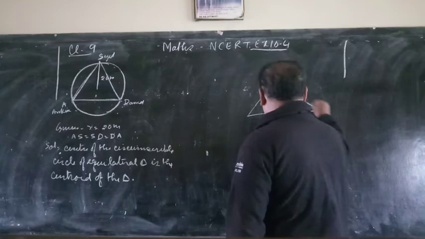Now, we have AO equal to 20 and OM is 1 part. So 2OM is equal to 20, which means OM is equal to 20/2, that is equal to 10 meter.